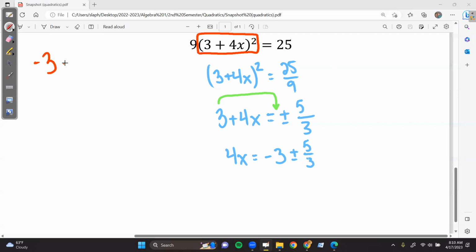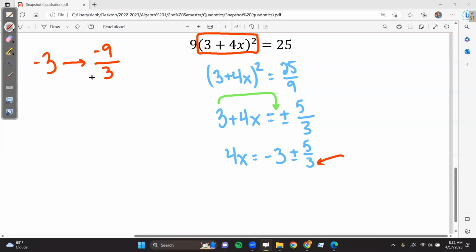Negative 3 has to be changed into a fraction with its bottom the same as the bottom of the other fraction. And what's the trick for that? You multiply the whole number by whatever you want its bottom to be. Negative 3 times 3 is negative 9.